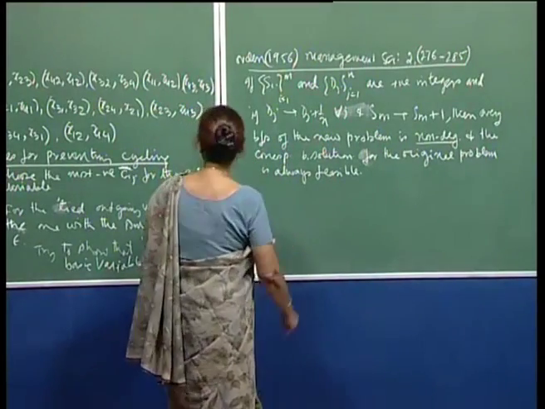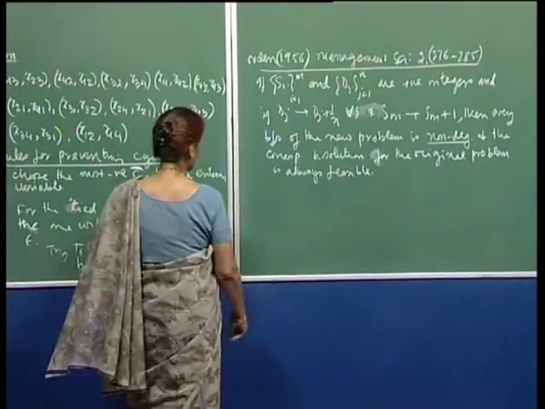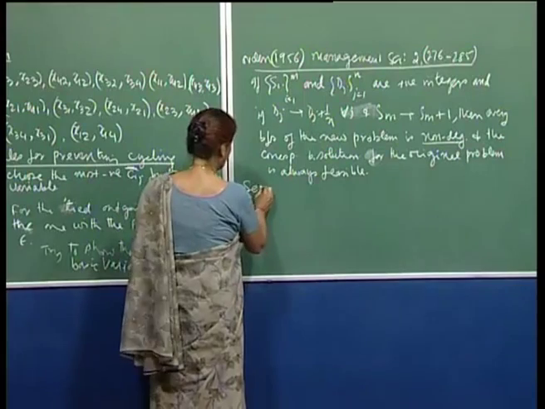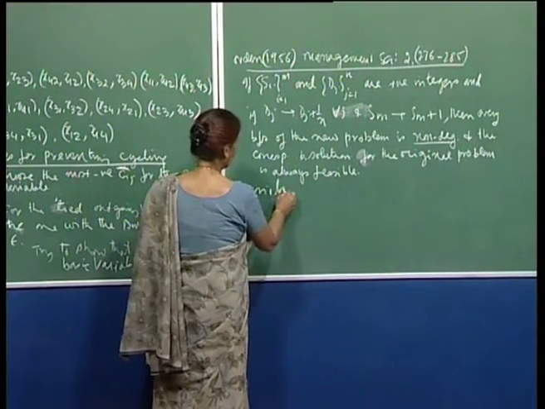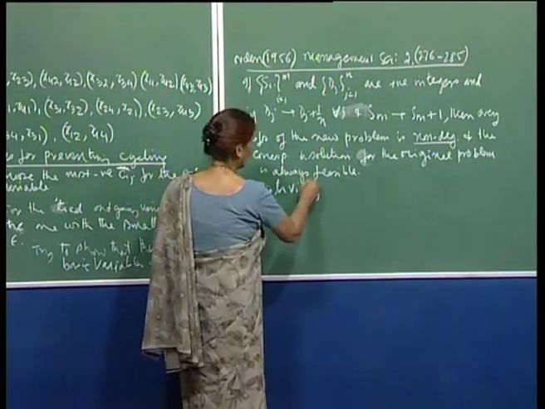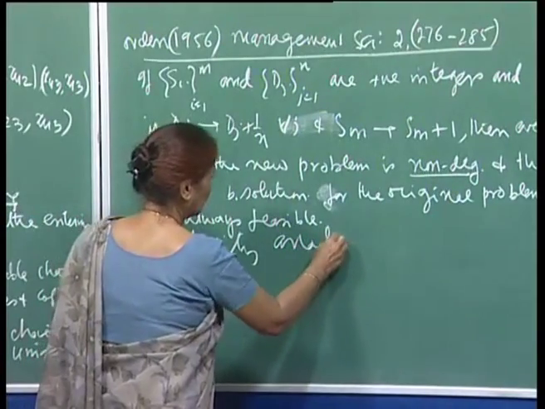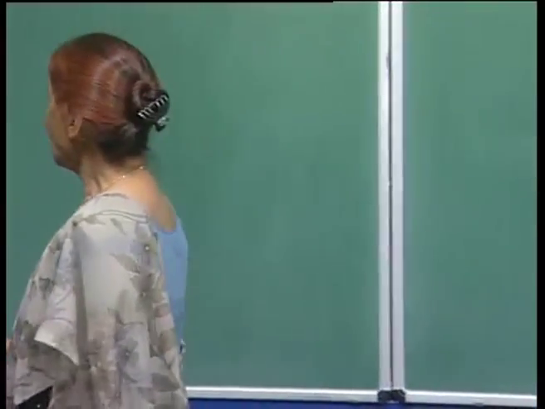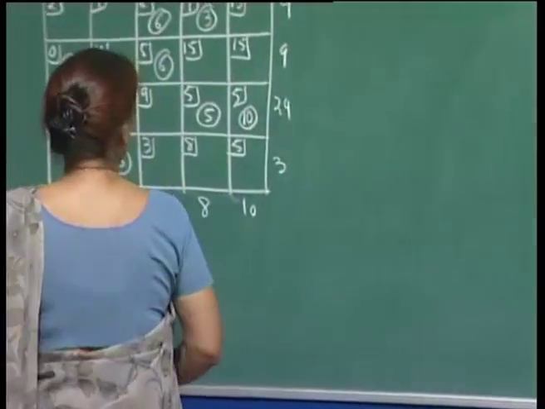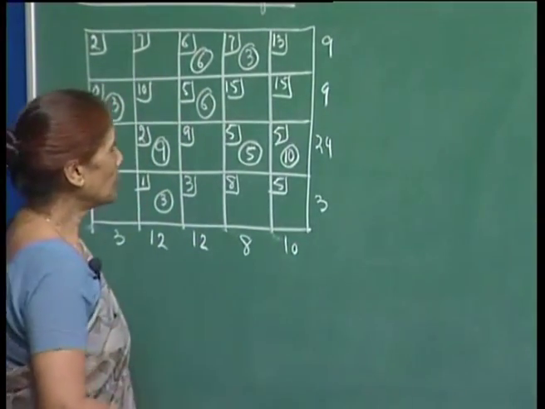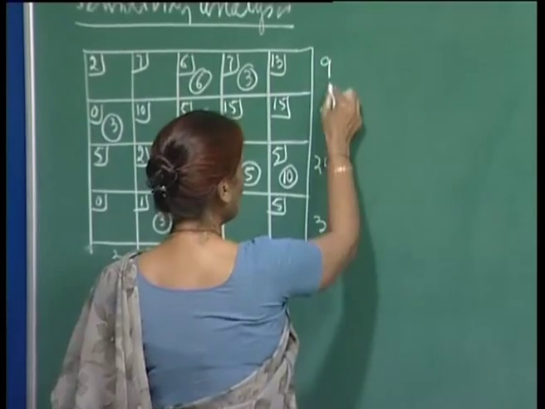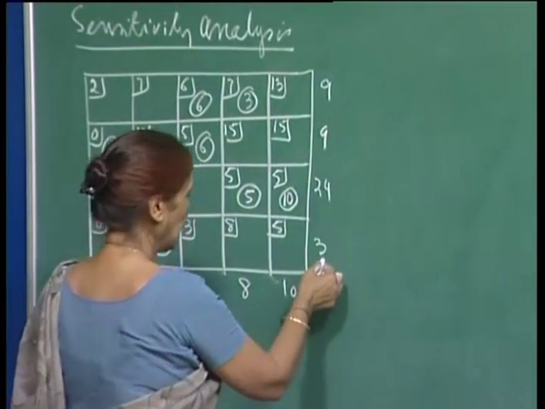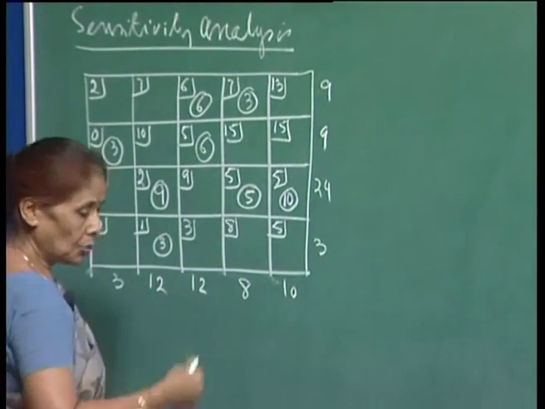Now, the next thing that we were talking about after taking care of degeneracy is sensitivity analysis. Sensitivity analysis we will continue with, and here the idea is: suppose I change one of these si's or the dj's.